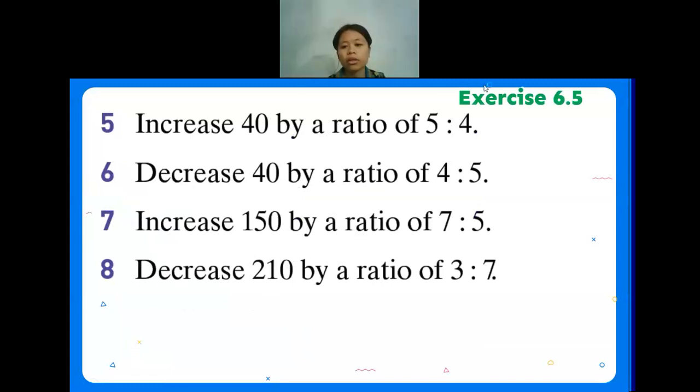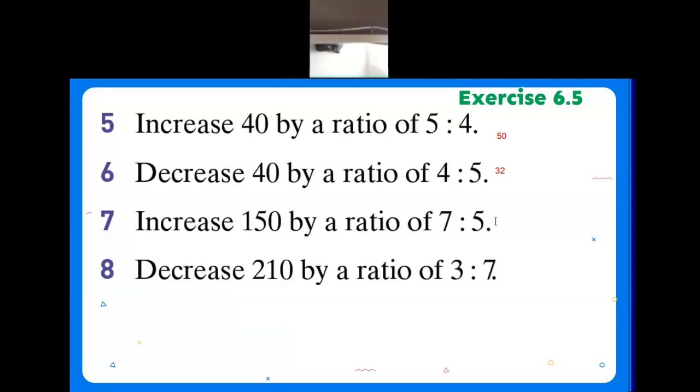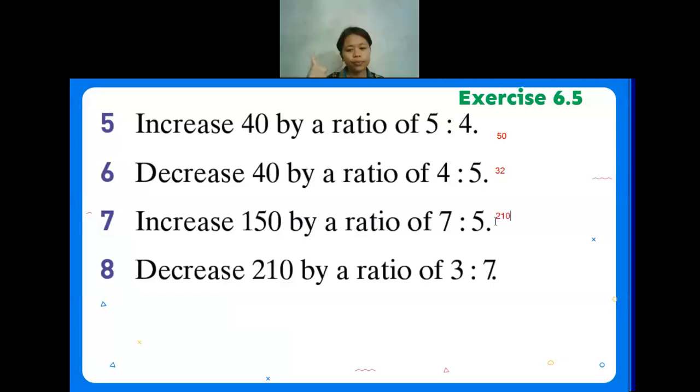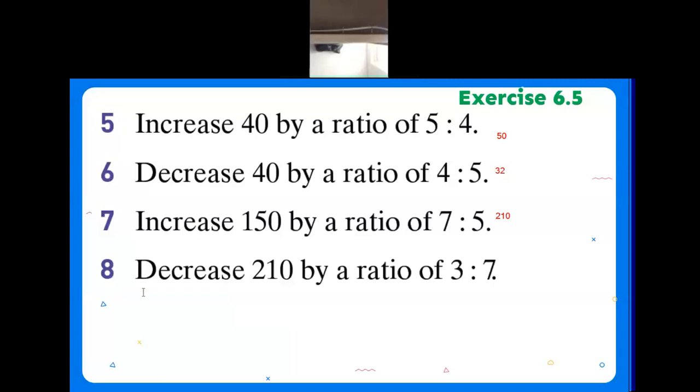Question 6, 32. Question 7, 210. Good job. Question 8, 90. Okay, good job.